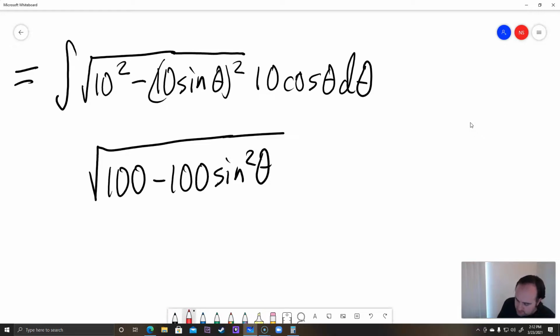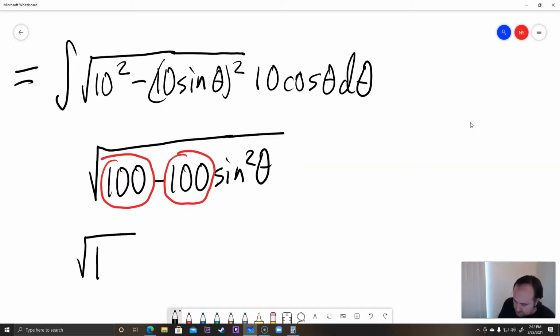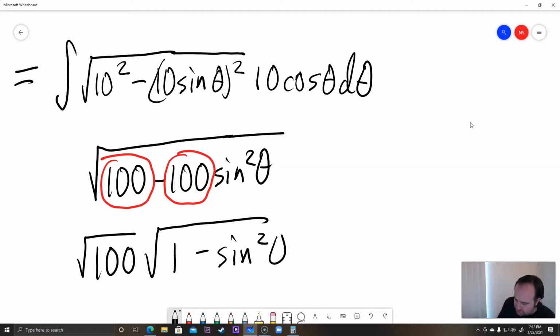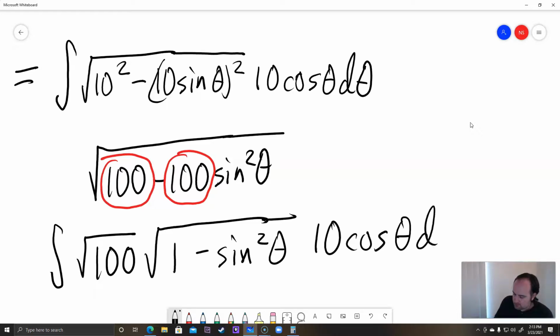And then if we factor out 100 and split up the square root into two parts, we're going to have the square root of 100 times the square root of 1 minus sine squared of theta. Okay, so we have the integral of the square root of 100 times the square root of 1 minus sine squared of theta times 10 cosine of theta d theta.